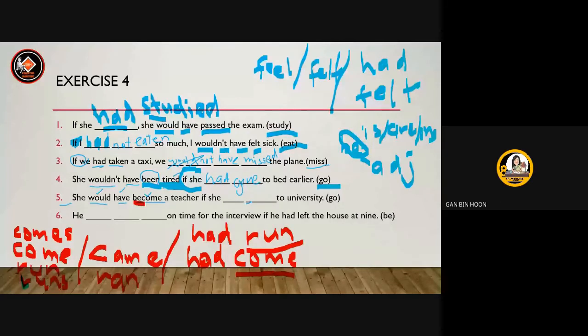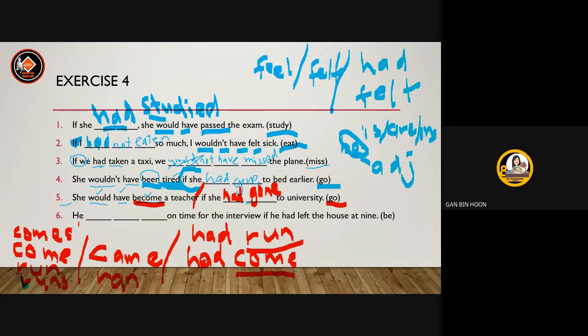Understand? She would have become a teacher if she dash to university. So go. So what's the answer? Had gone. She would have become a teacher if she had gone. Yes, good. If she had gone to university.